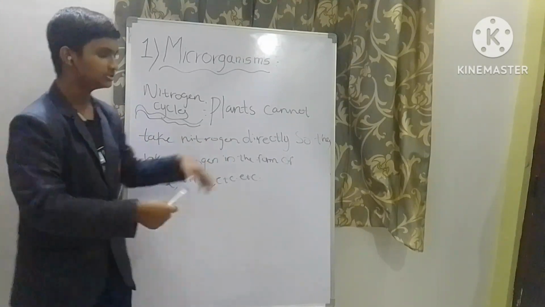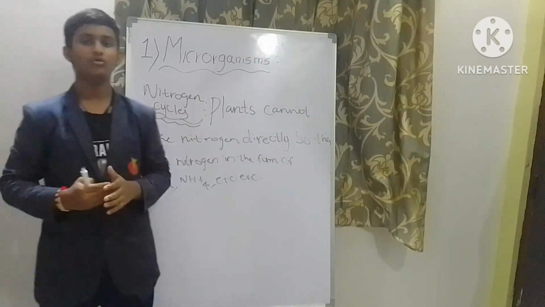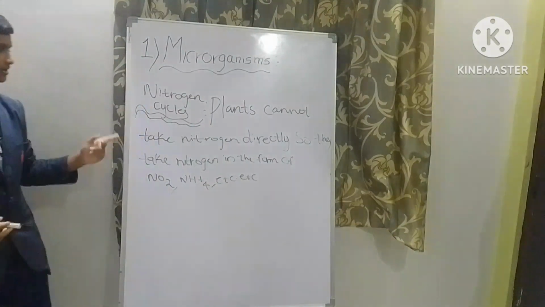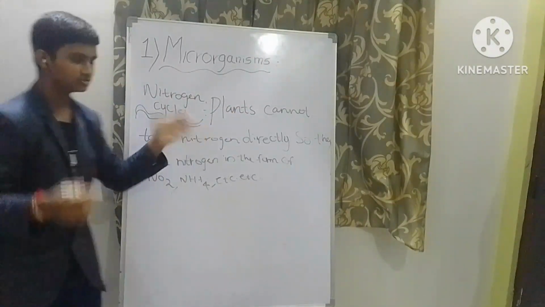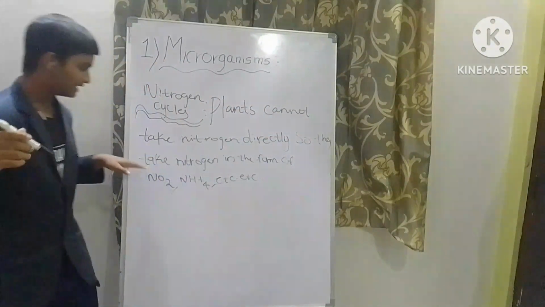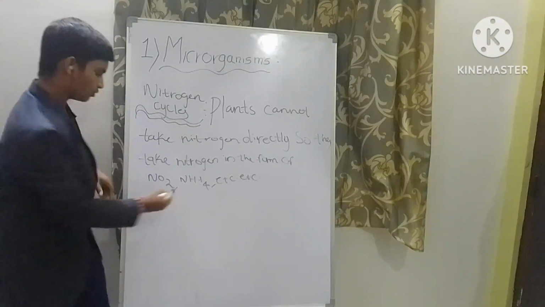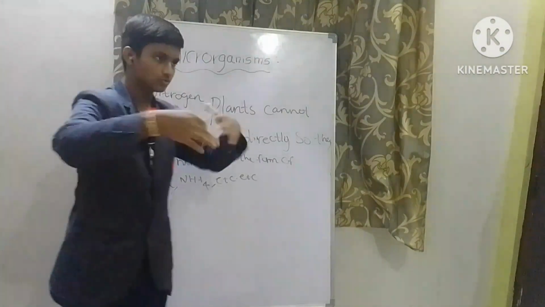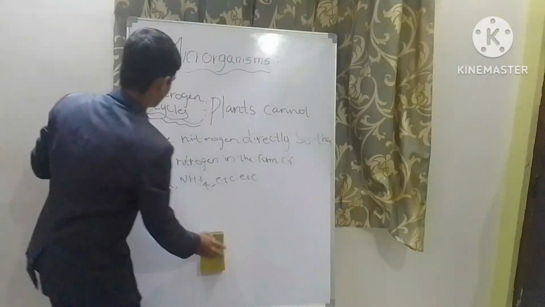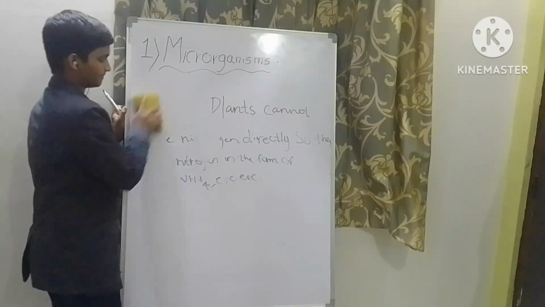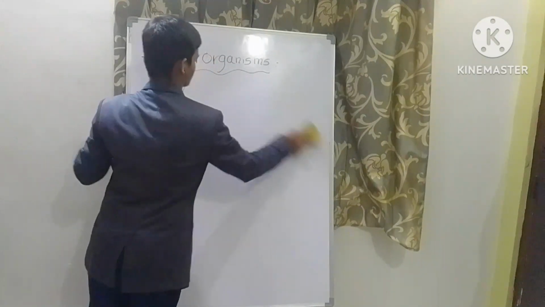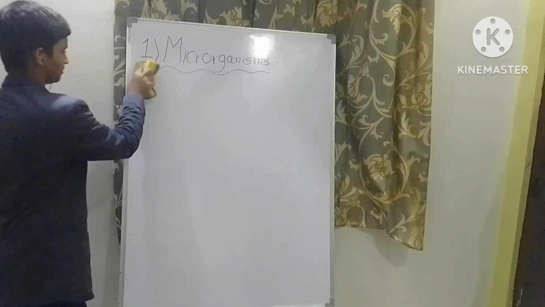They take nitrogen in other forms like NO2, NH4 plus, etc. There are many forms, and we could discuss them but it would take too long. Now the nitrogen cycle is over.